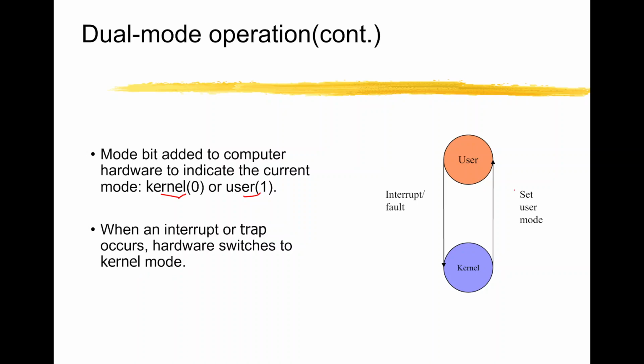Here's a situation where you have a program running, and while the user program is executing, if there's an interrupt or a fault, it traps to the kernel mode, because in kernel mode we have most of the management systems stored: the file management system, memory management systems. They are all stored in the kernel.